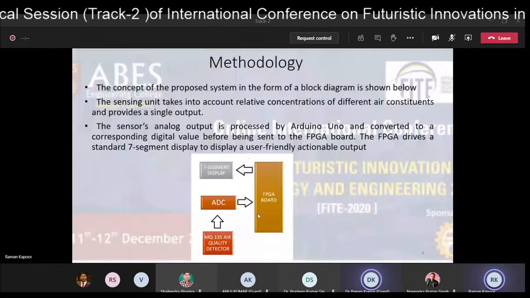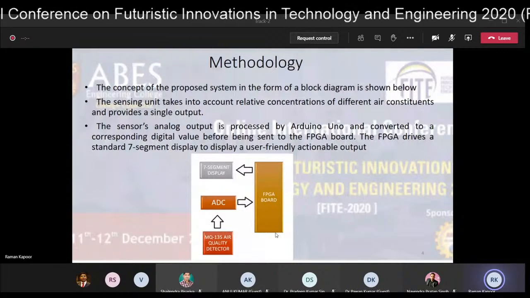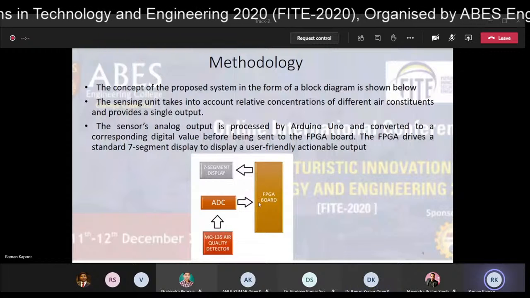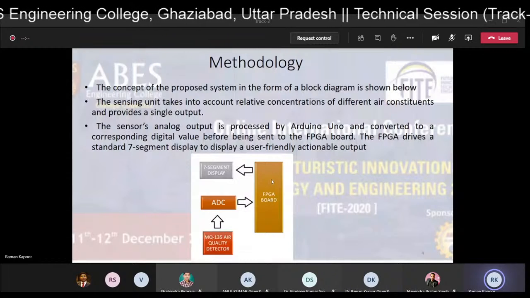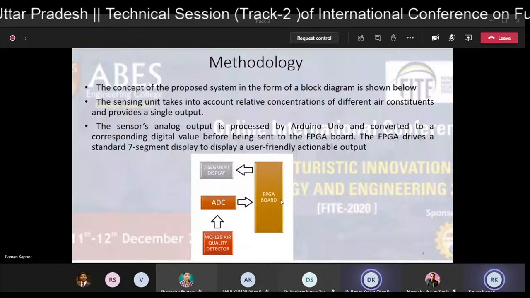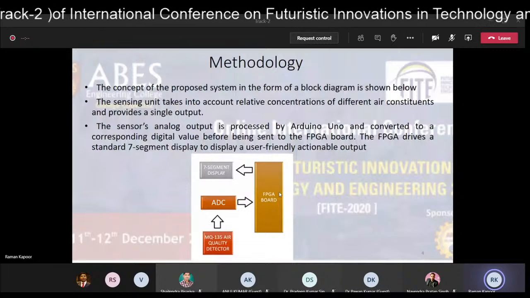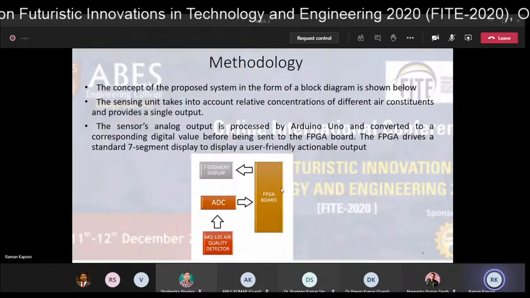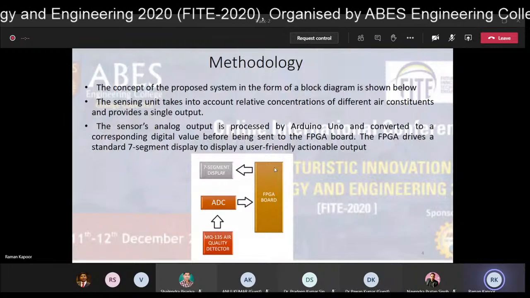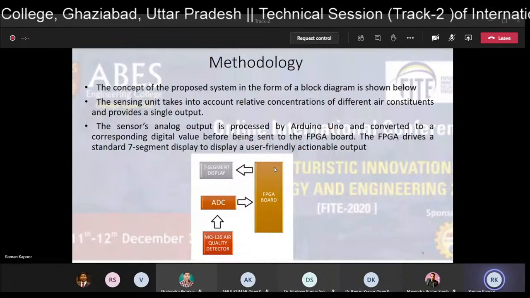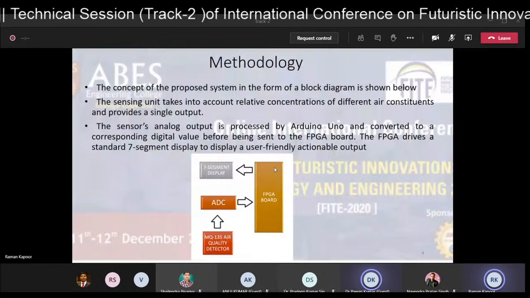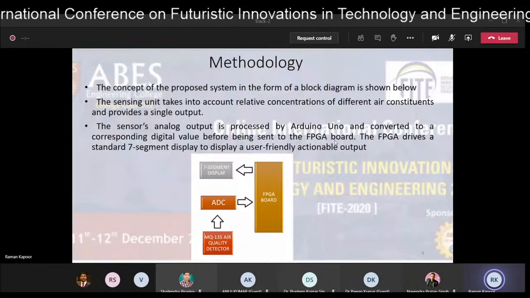Because we integrate this FPGA board, it allows us to reconfigure our system every time, since an FPGA is simply a soft implementation. You can change your logic by code and optimize your system. The sensor's analog output is first processed here, then converted to a digitized signal and sent to the FPGA board, and then the display is driven.